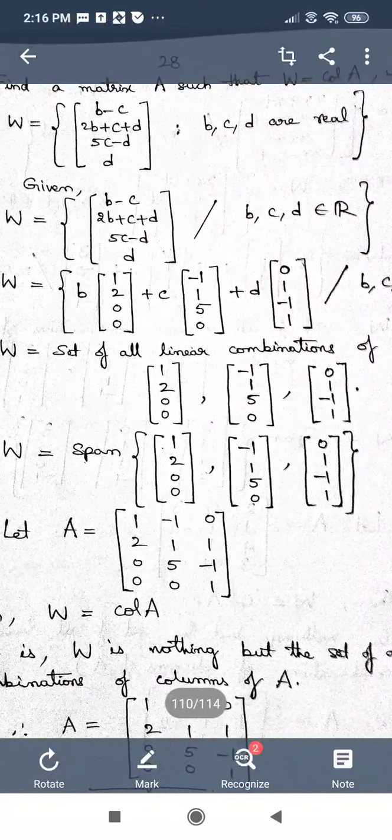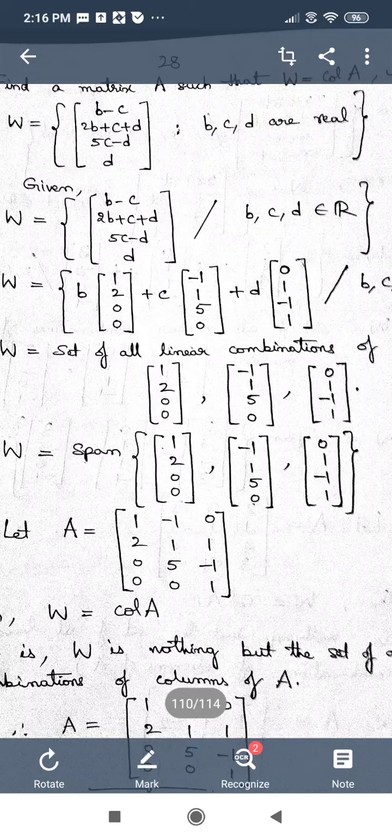We can say that W is equal to the span of the set consisting of the above three column vectors. So W is equal to the span of the set consisting of 1, 2, 0, 0; minus 1, 1, 5, 0; 0, 1, minus 1, 1. Now let us consider a matrix A with these three column vectors as the three columns in that matrix.